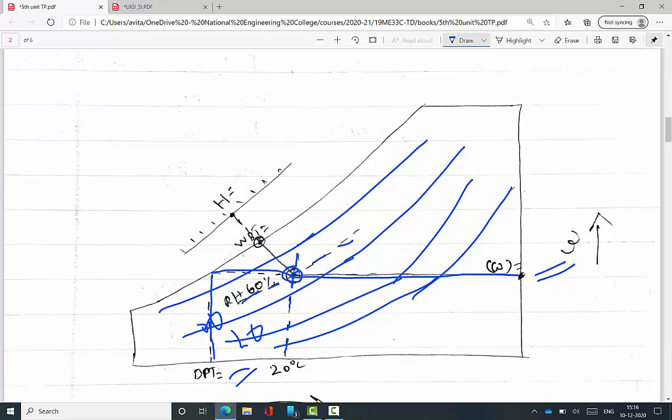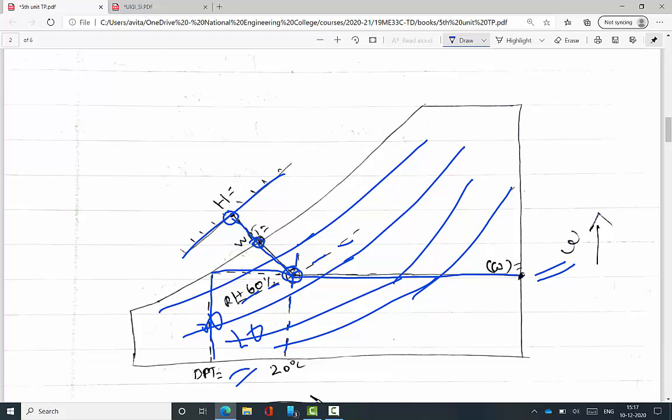Then from that point I draw an inclined line and get the WBT at the extreme curve. Further extending the line, it intersects the enthalpy curve, which shows the enthalpy value. All units of every value are given in the psychrometric chart, so you don't need to bother about it.